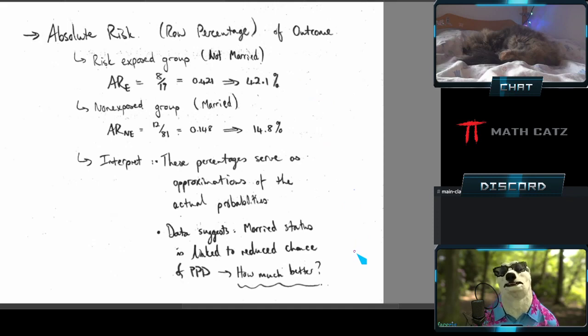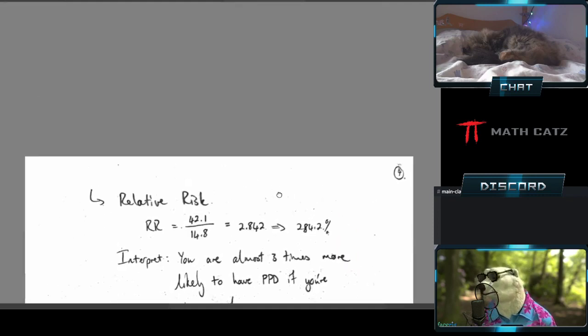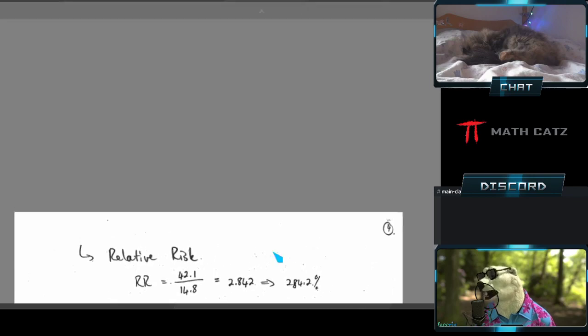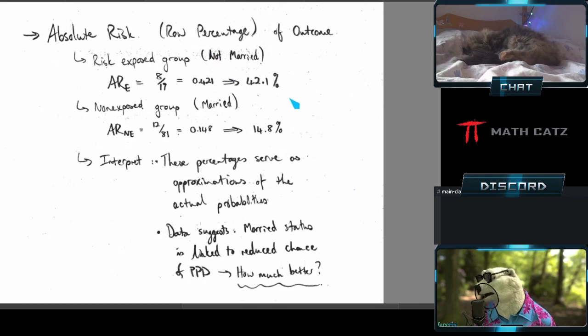We want to calculate that for the reader, and that is called the relative risk. If I have my two numbers here, 42.1% and 14.8%, how much more is one from the other? Well, that's just a simple division, right?